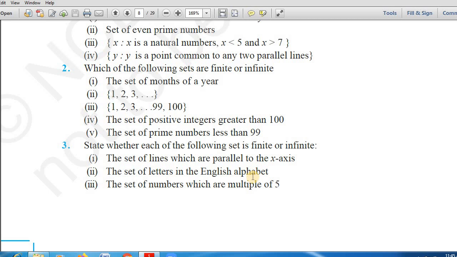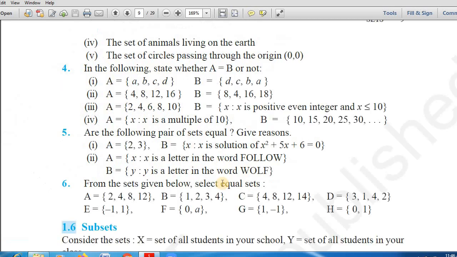The set of numbers which are multiples of 5: infinite multiples of 5 are there, so clearly it's an infinite set. The set of animals living on the earth is finite. The set of circles passing through the origin is infinite, because infinitely many circles we can construct through the origin.